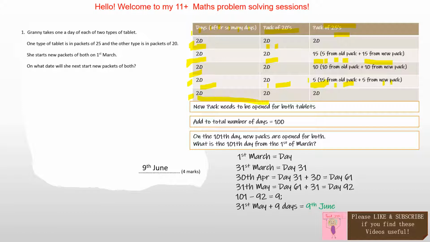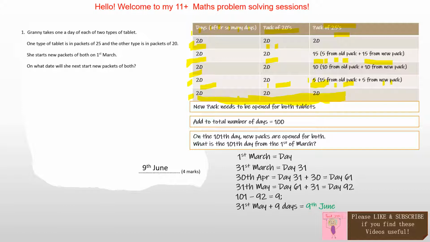And the last one, finally both the packets have been consumed, so there's 20, and she had taken 5 the previous time from the previous pack, and now there are 20 remaining, so 20 will be taken in the next 20 days just as a pack of 20s.